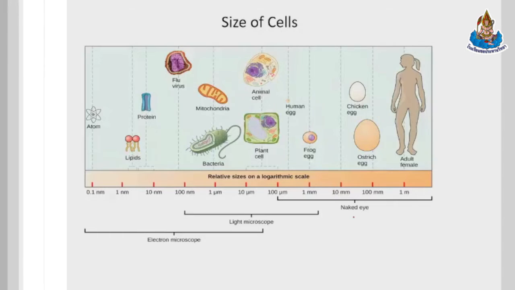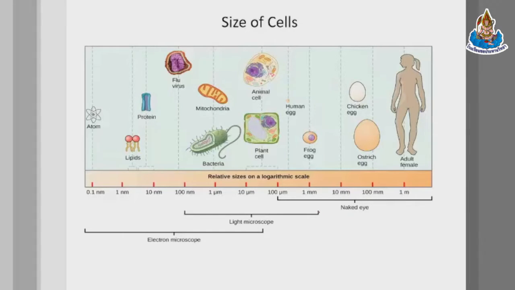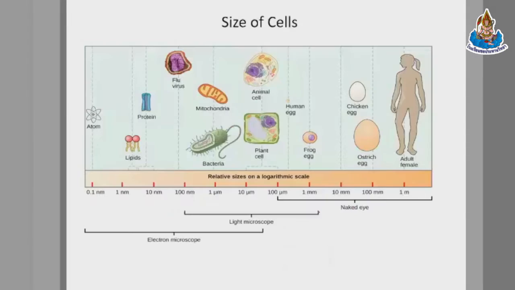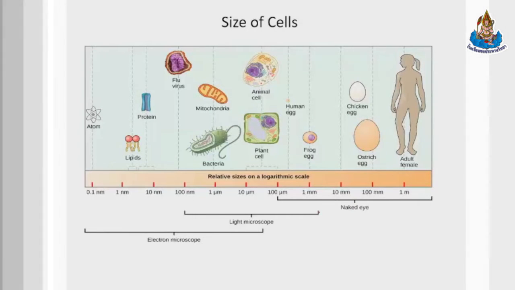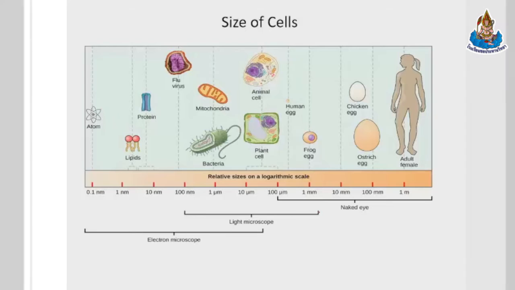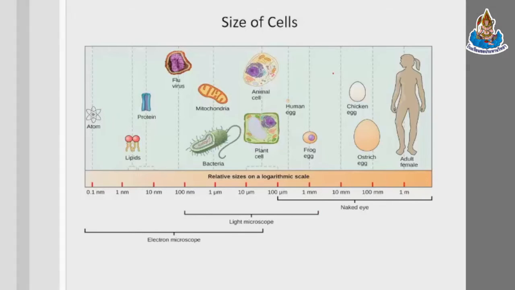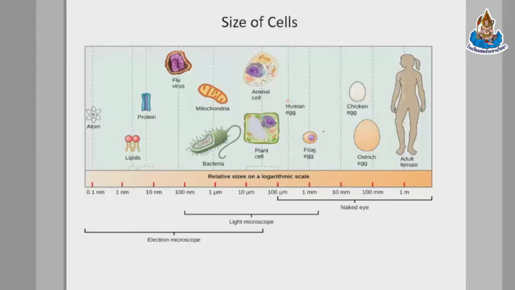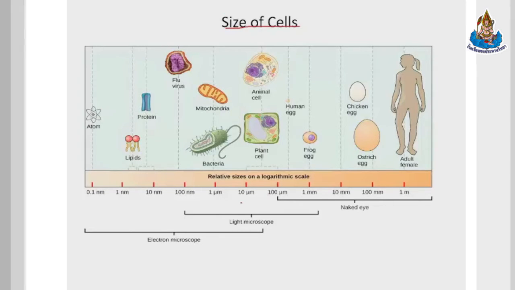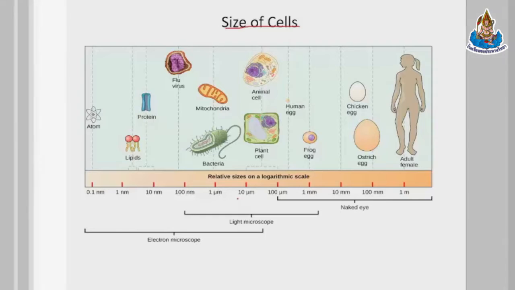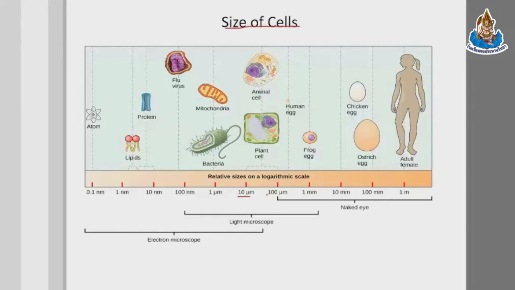Now we learn what cells are, but what is the size of cells? The size of a cell is around 10 to 100 micrometers. So what is a micrometer?